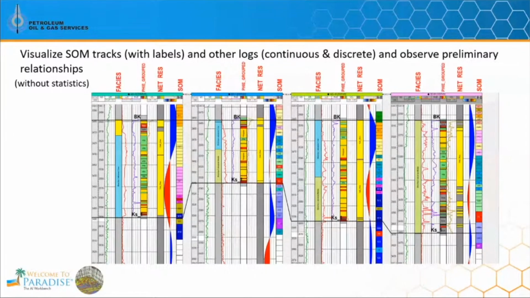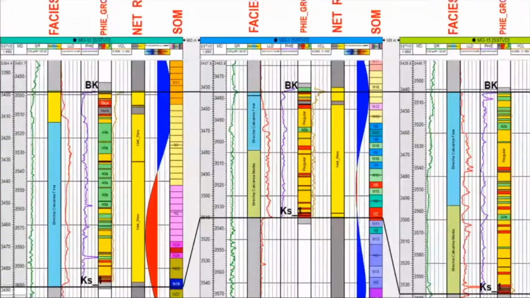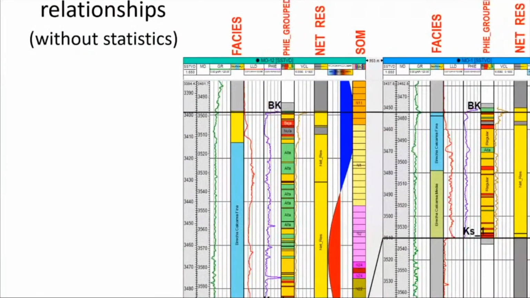So in a qualitative way, based on the expertise of interpreters, we try to see patterns, maybe not using statistics at the beginning. This is the common way.